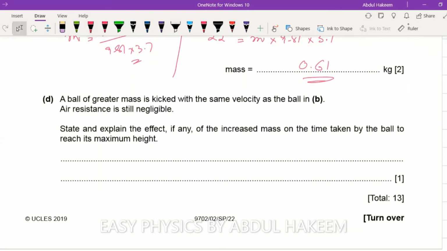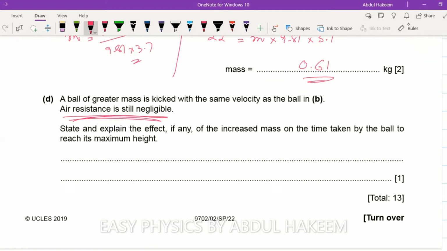Next, a ball of greater mass is kicked with the same velocity as the ball in B. Air resistance is still negligible. Important information. State and explain the effect, if any, of the increased mass on the time taken by the ball to reach the maximum height.